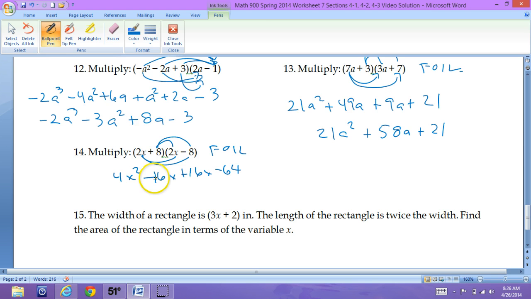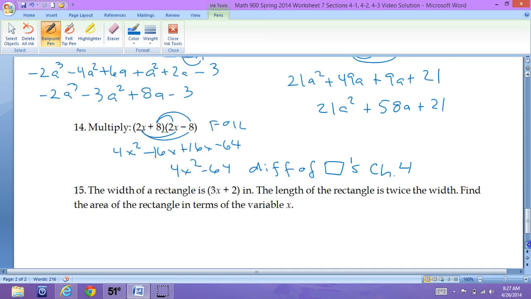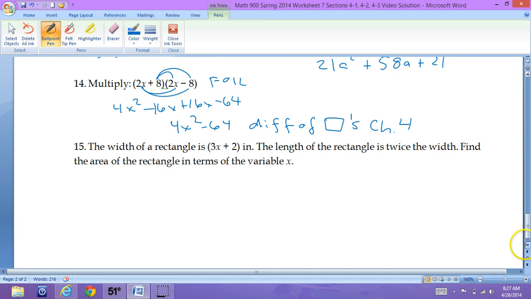And notice that these are a zero pair. So we end up with 4x squared minus 64, and this is going to be called the difference of squares in chapter 5. So you're going to be given something that looks like this, and you're going to have to get back to here.